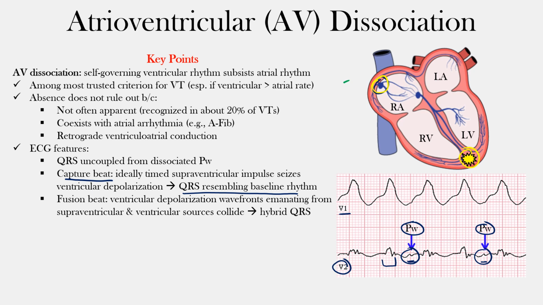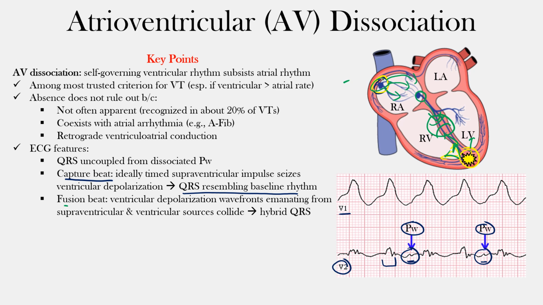The ventricular focus is going to depolarize the ventricles. But imagine you also have this supraventricular focus coming down, and both wavefronts collide during ventricular depolarization. As a result, you get this hybrid QRS morphology.